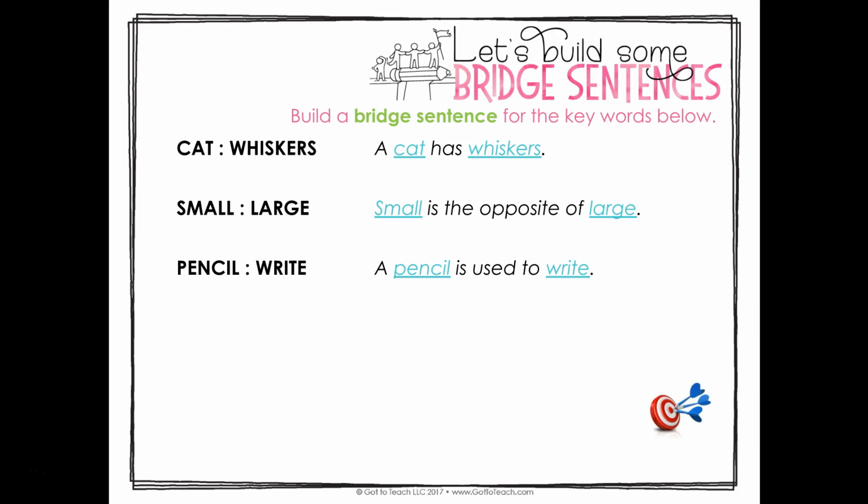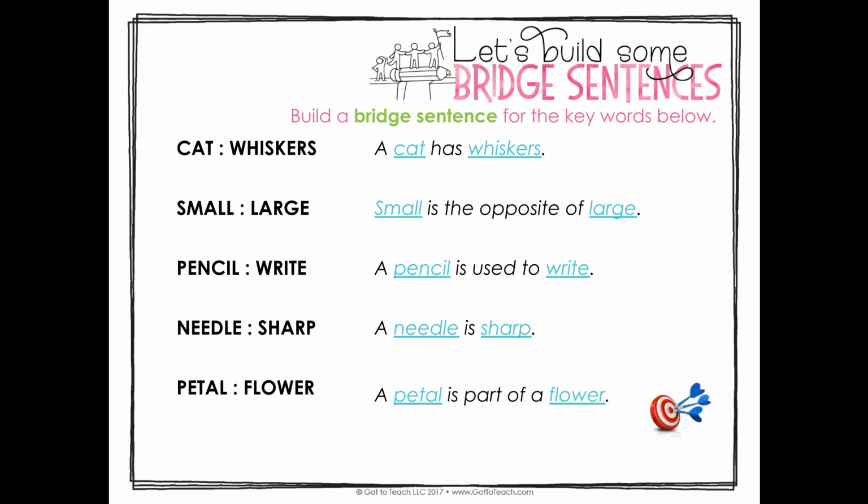A pencil is used to write. If you need to make any corrections, do that. A needle is sharp. Again, take a moment to make any corrections. A petal is part of a flower.